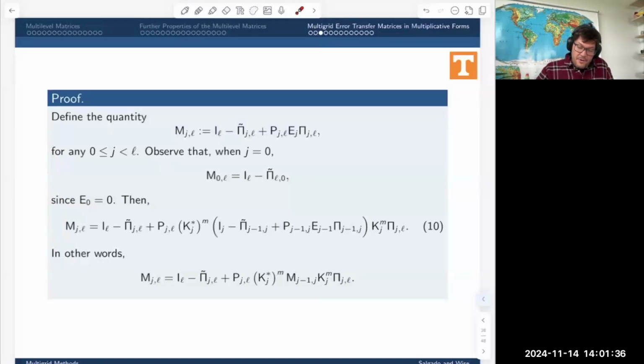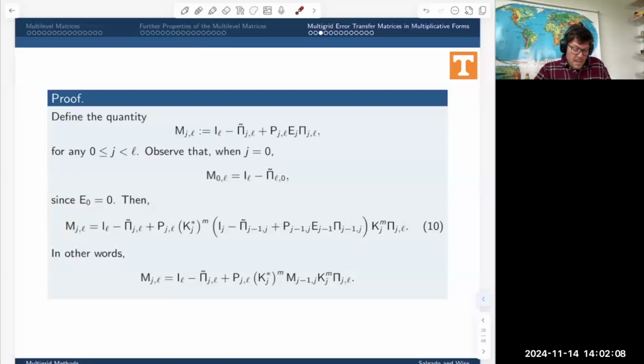There's no further error at any lower levels because this error is equal to 0 at level J equals 0. And that's because when I go all the way down to level J equals 0, then there is no multigrid error because my iteration at level 0 is just doing an exact solve. So that's why there's no error there. So that's why we get this guy whenever J is equal to 0. Okay. E_0 is equal to 0.